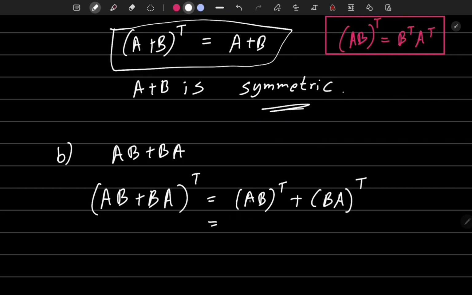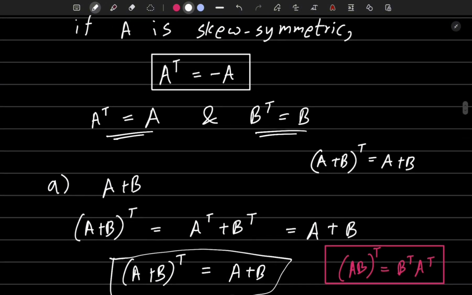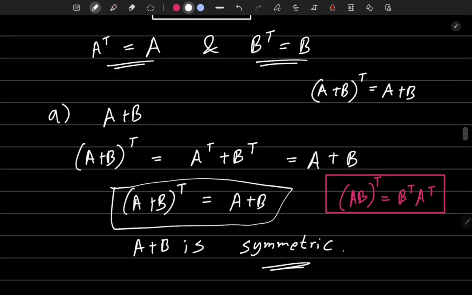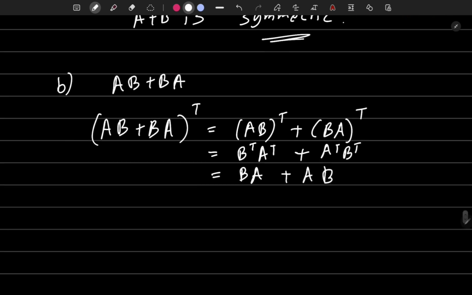So the transpose of AB, according to this theory part, I can write as the transpose of B, transpose of A, plus a similar argument here, transpose of A, transpose of B. Now I know, according to this data, that the transpose of A is again A and the transpose of B is again B. This is B A plus A B, so I can write this as AB plus BA.